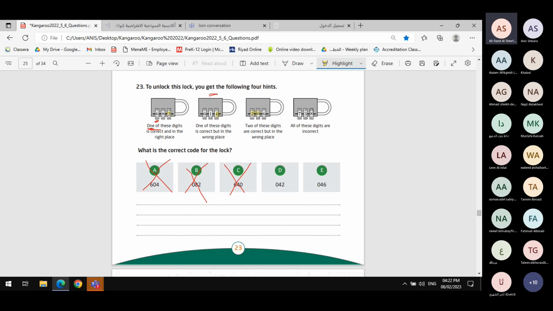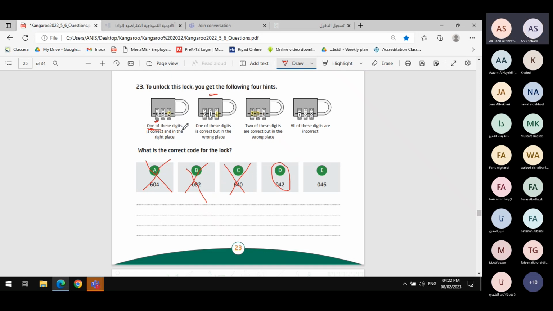Now, all of these digits are incorrect, so we won't use them. Do we have them here? No. So D is correct. And to double check, we are going to try the A. One of these digits is correct and in the right place.